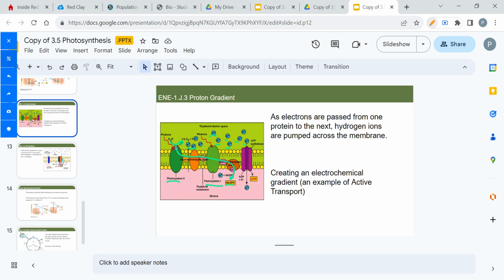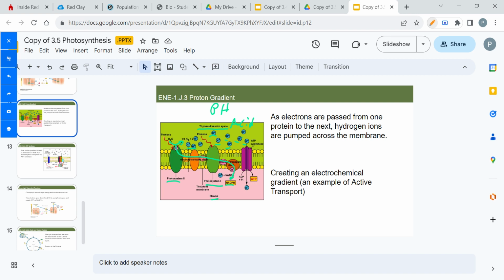H plus, right? Think about pH for a second. As hydrogen ions increase, we know the pH is going to become more and more acidic. So this is actually very, very acidic. This is the thylakoid inner space. So the stroma is the outside of it. We're looking at the bottom of a thylakoid right now.